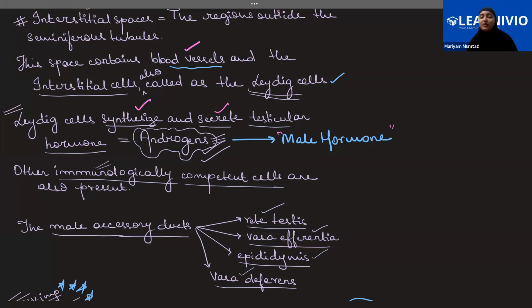What is the meaning of immunological? Immune. Immunity, yes, correct. The cells that are helpful for the immune aspect of the male body are also present in that particular area.